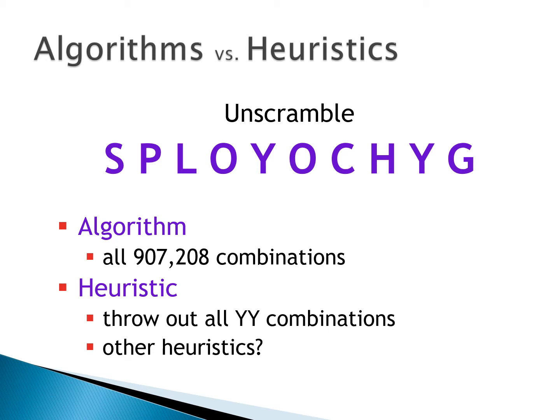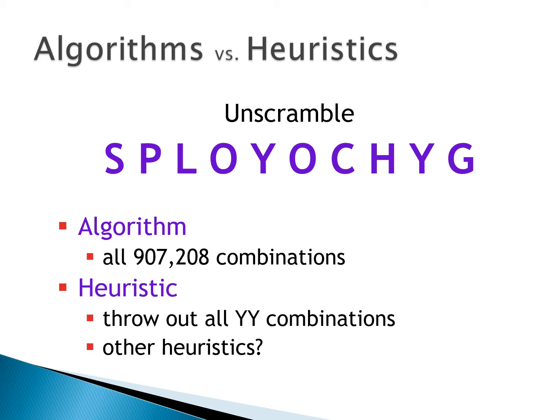So here is an example of an algorithm versus heuristics. If you look at all those letters there, what word are we trying to make? See if you can figure it out. Now, if we're going to use an algorithm, there are 907,208 combinations that we could possibly make with those letters.